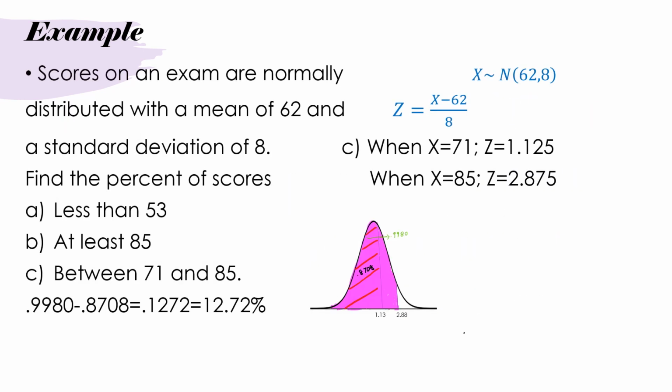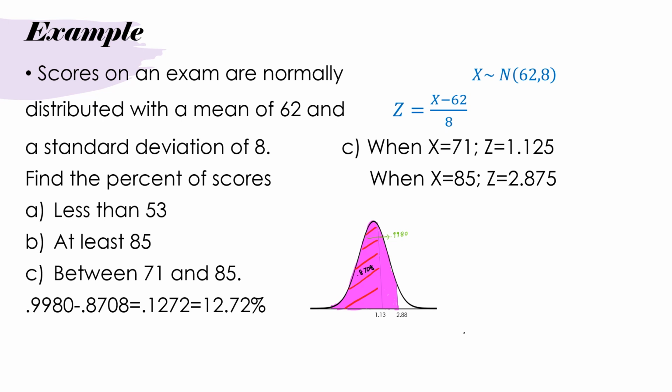And the last question C is to find the percentage between 71 and 85. So you have to look for the z-score when x is 71, which is 1.125, and the z-score is 2.82875 when x is 85. Since we have to convert the z-score to two decimal places, we can take that as 1.13 and 2.88.